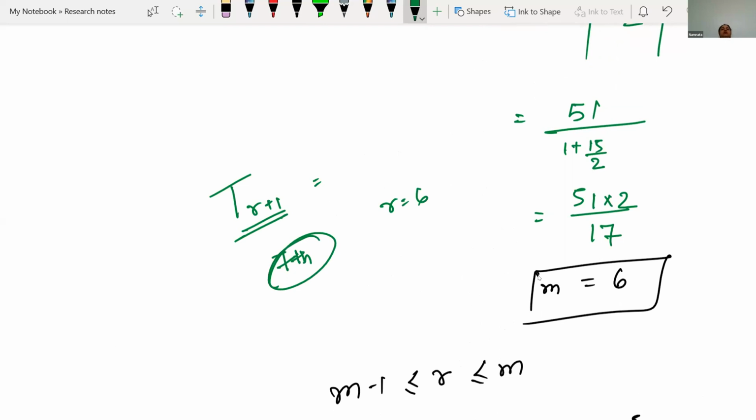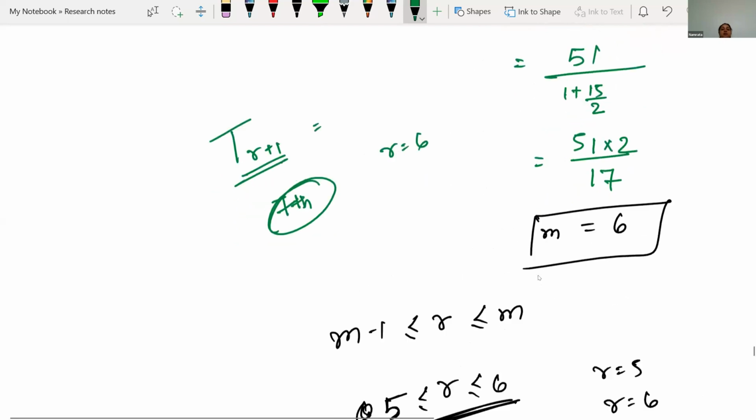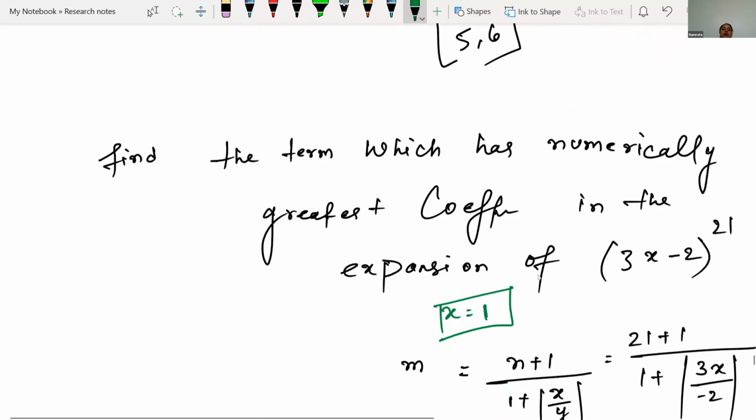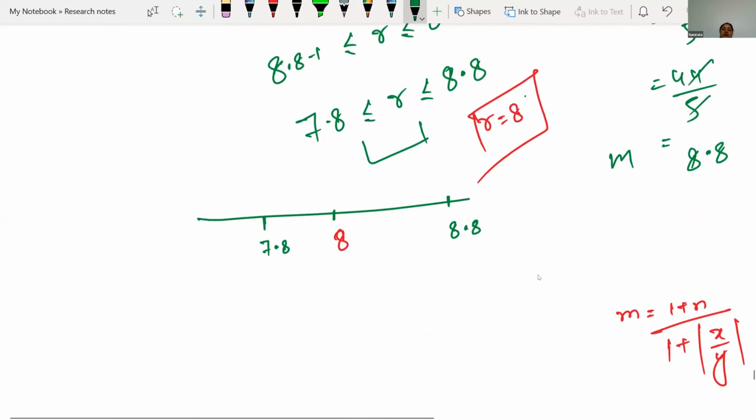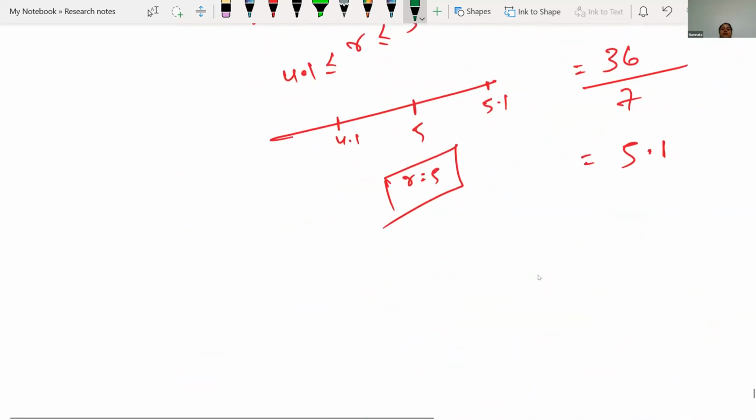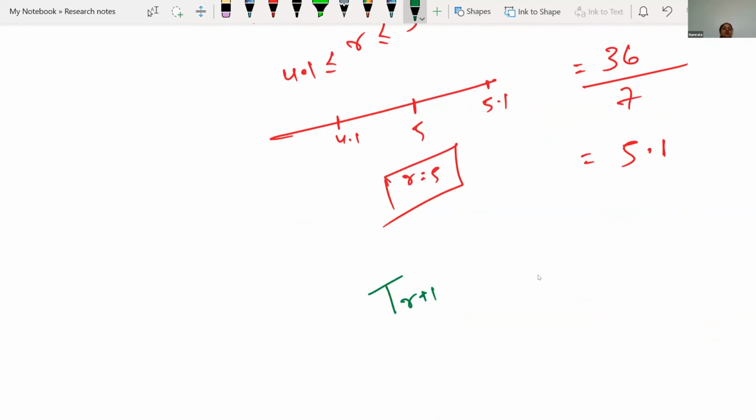Yes, ma'am. So if you are getting R as 6, please mark it as the 7th term. If we are getting R as 8, that means it's the 9th term. Getting it, Lina? According to the general term condition. If you are getting R as 5, it will be the T of R plus 1th term, that means the 6th term.